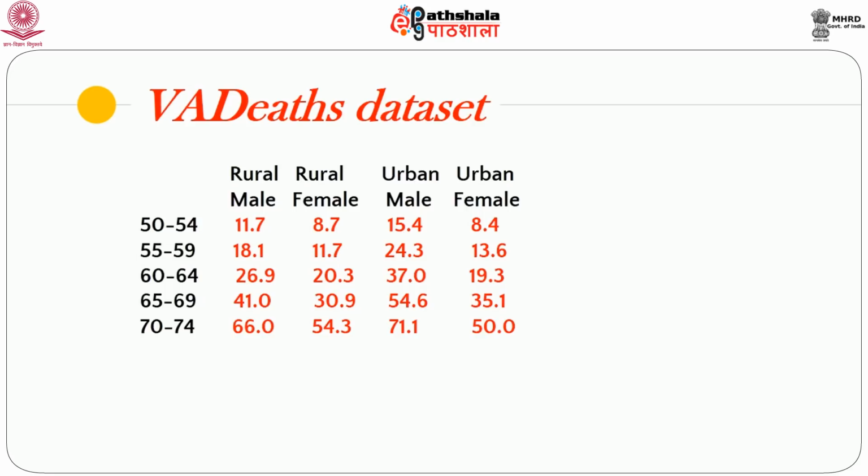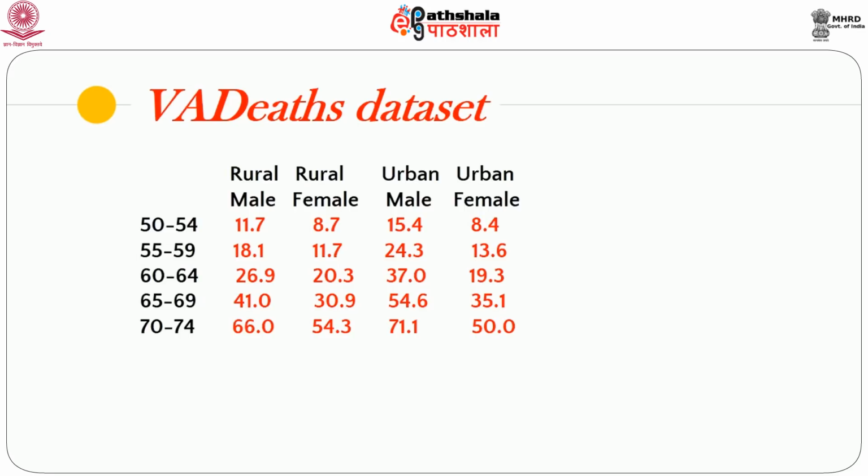Let's consider the VA dataset to illustrate what we are trying to say here. As you can see, this dataset gives us the death rates of individuals for each of the age groups. Here we have 4 subgroups for each of the age groups, that is rural male, rural female, urban male and urban female, for which the data have been collected.